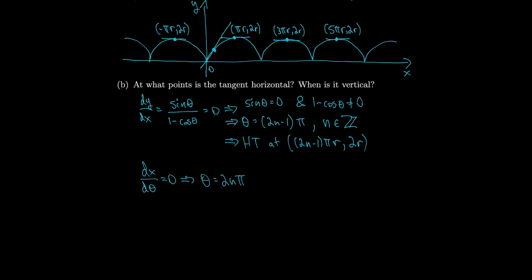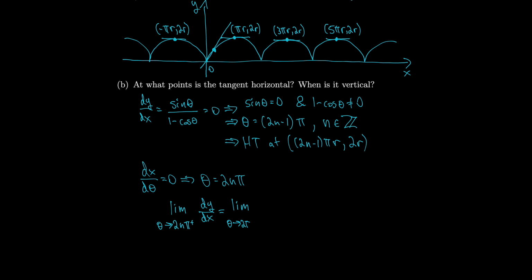So let's do a limit. How about we check as theta goes to 2n pi from the right. So we're taking the limit of dy dx. We want to see that this limit is infinity, as if it is, then we have a vertical tangent there.